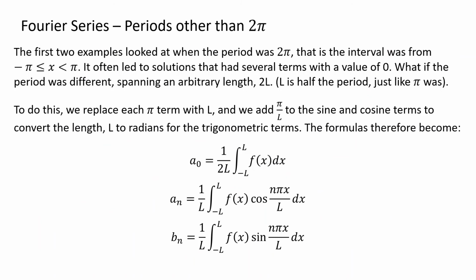So our last item that I want to talk about is when we have periods that are not simply 2 pi. When we have them with 2 pi or something multiplied by pi, it's always more convenient because for the cosine and the sine functions, we always have a value that's in radians.